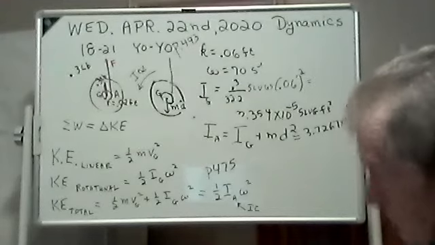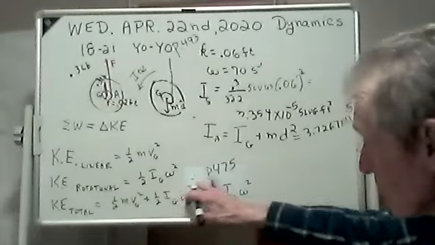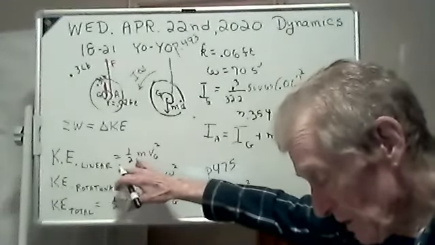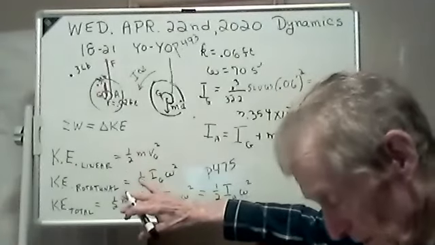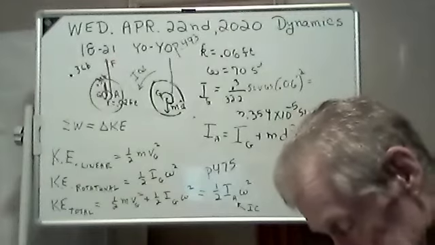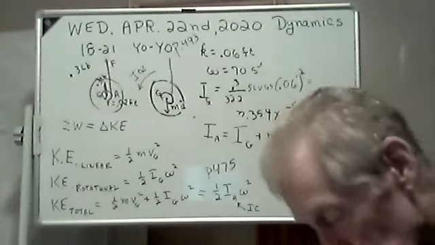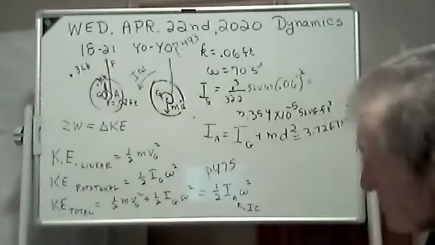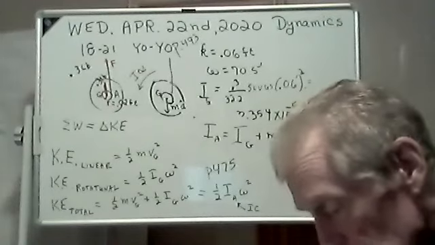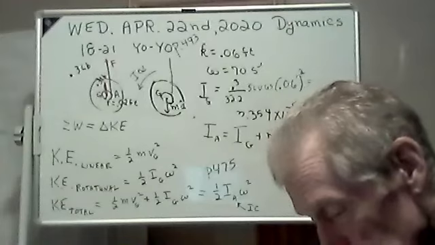They also have this equation here on page 475. They have the linear, and they have the rotational. It's also on page 474. In fact, they derive it. You could go through the derivation. Wouldn't that be fun for you?